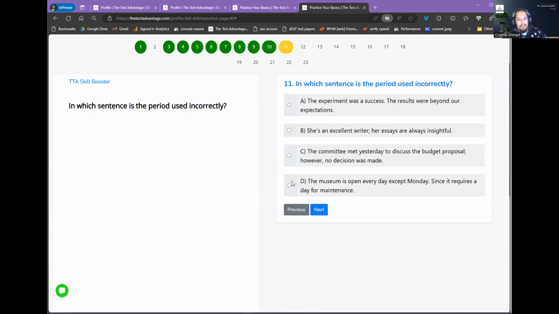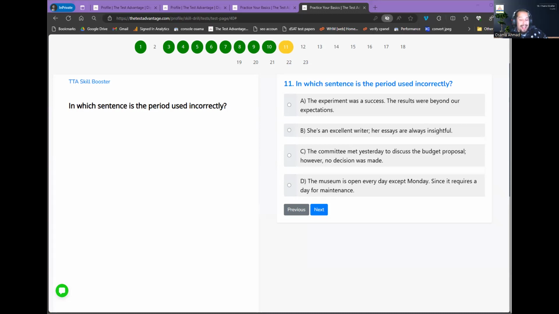Next, number 11. Which one uses the period incorrectly? Okay, Carlos, good. Malak, okay.